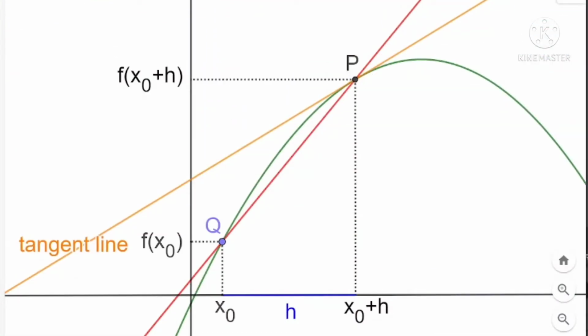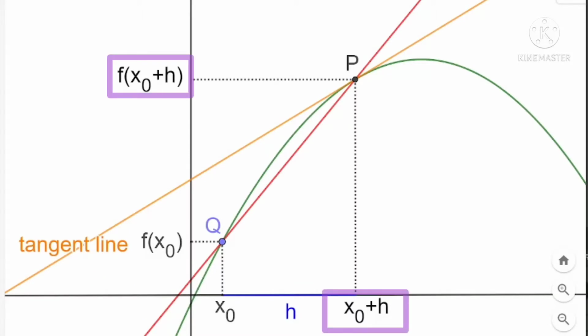This time, we are going to define derivative in another way. To do that, let's study this illustration. Here, our tangent line to the green curve at point P is the orange line, while our secant line PQ is the red one.